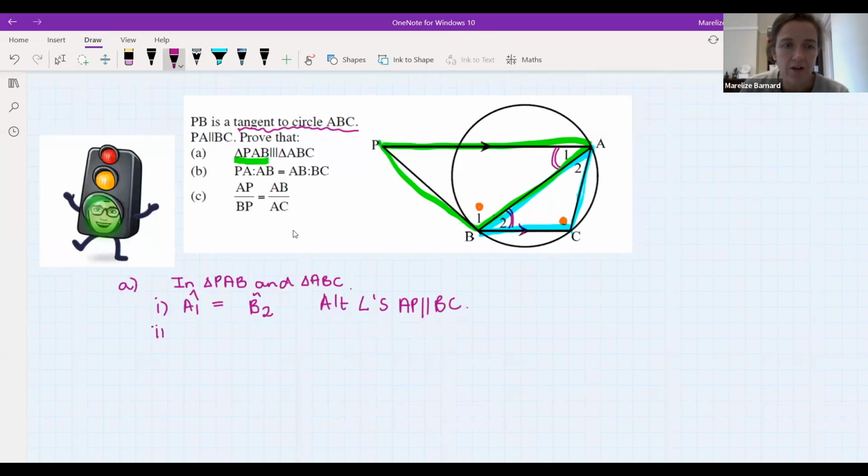Again, you see how important information is written down, so it's important to read that bit at the top. The second thing we're going to say is that angle B1 is equal to angle ACB, and that is tan chord. And the last thing we say is our last angle, which is angle P, is equal to angle A2, and that is angle sum of triangle.